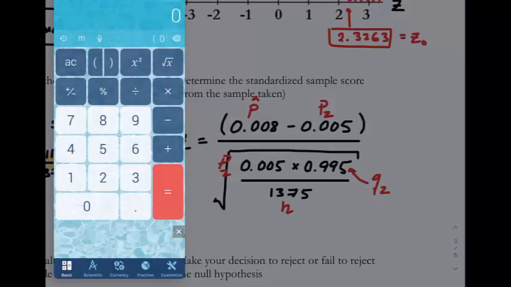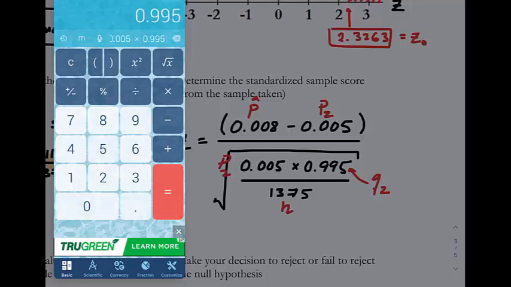Let's grab a calculator. First start off with parentheses, 0.008 minus 0.005, giving us positive 0.003. Now what I want to do is divide that by parentheses 0.005 times 0.995 divided by 1,375, close parentheses, square root that, and then equals.